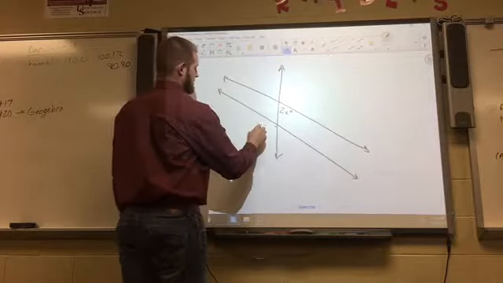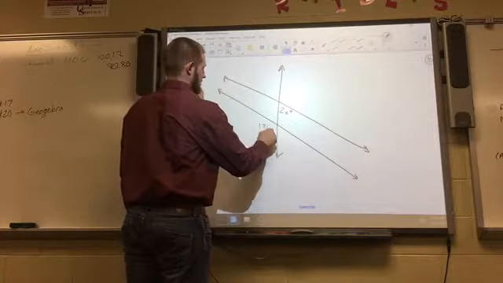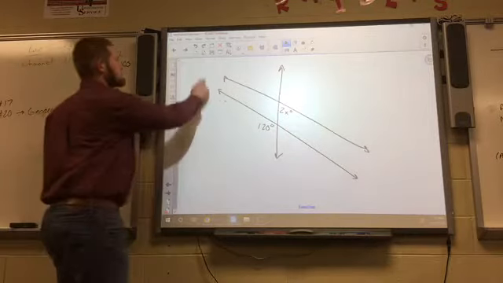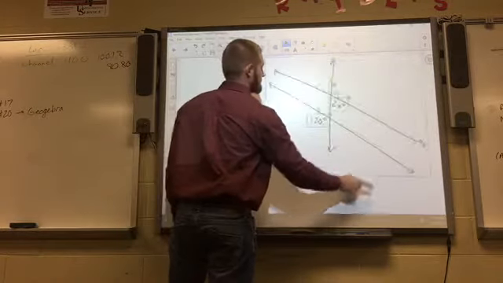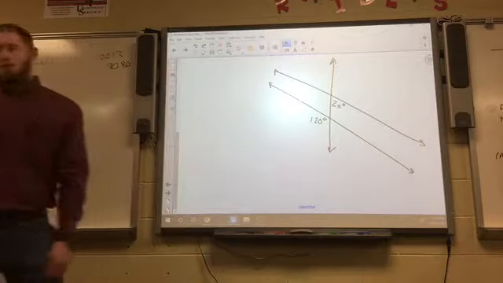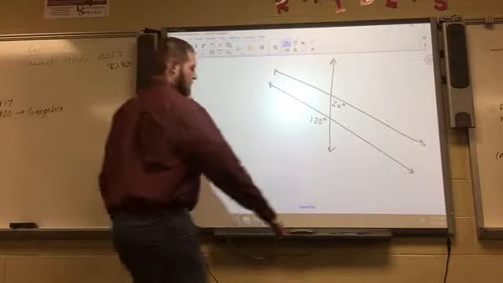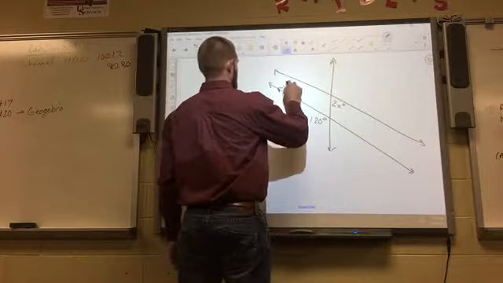That's 2x degrees, this is 120 degrees. I'm going to go ahead and mark these as parallel because they're supposed to be.